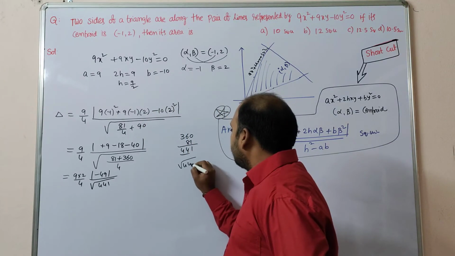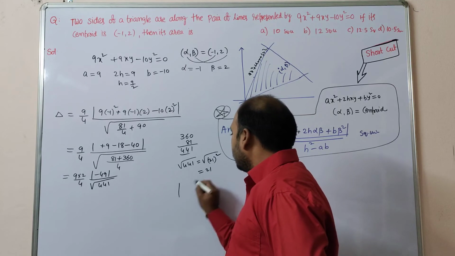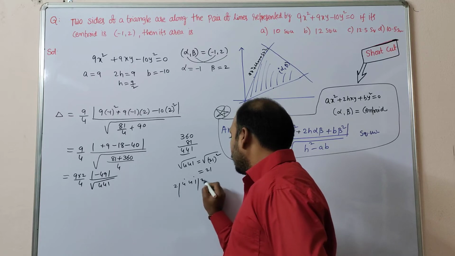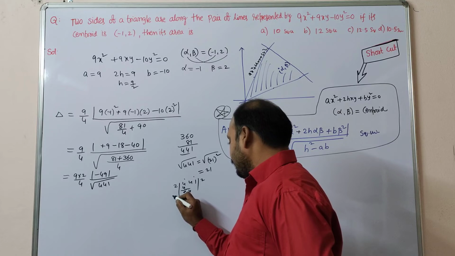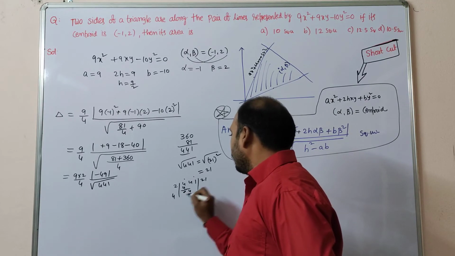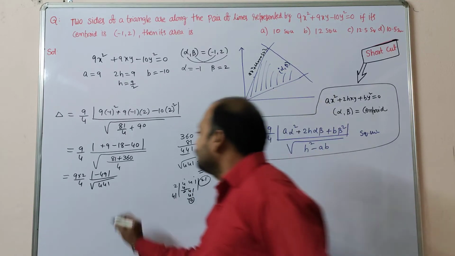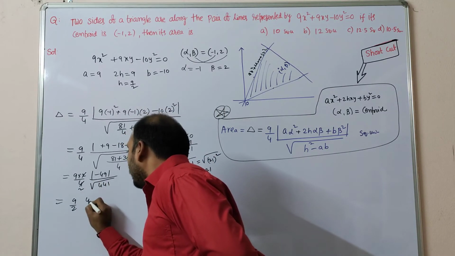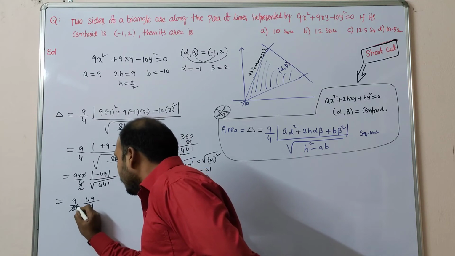Root 441 is equal to 21, a perfect square of 21. So 9 by 2, mod 49 is 49 by 21.